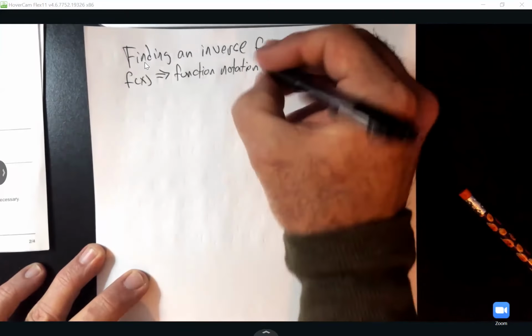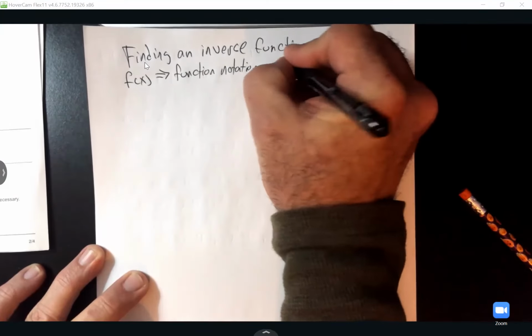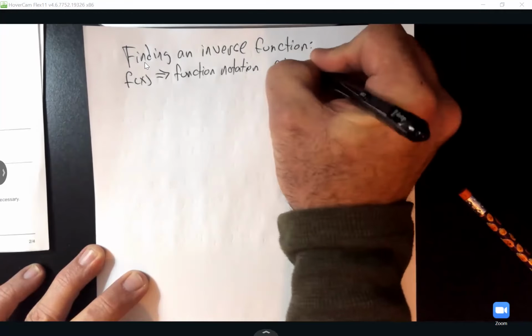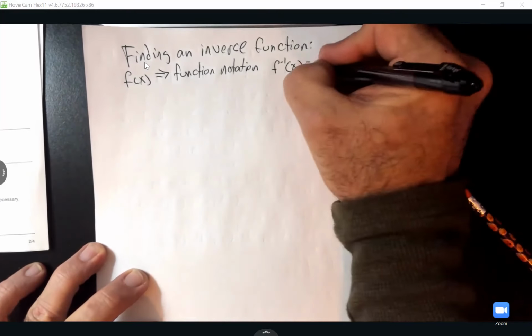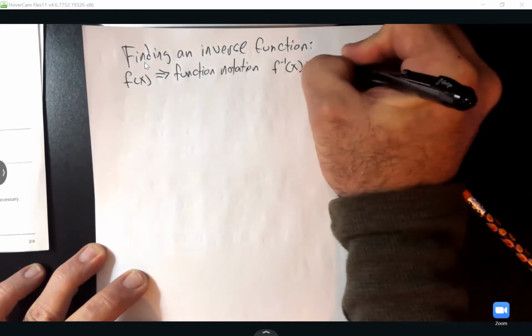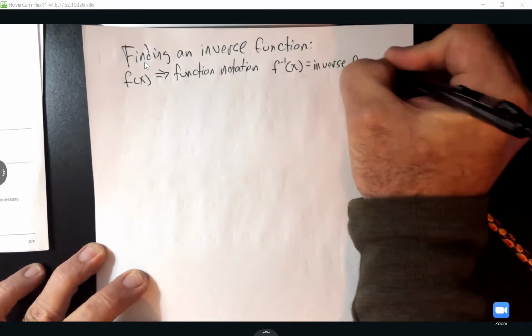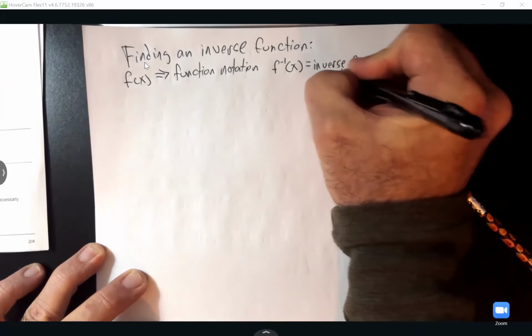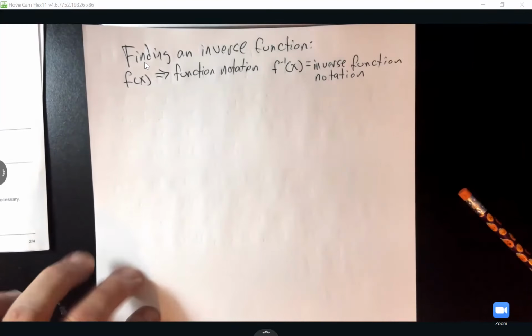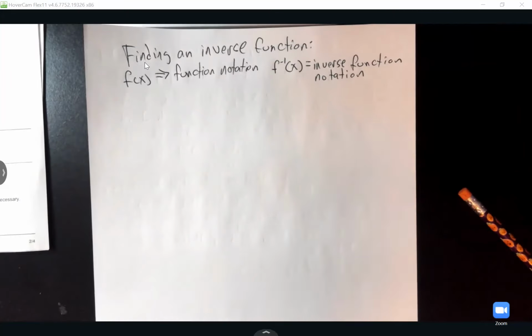We're now going to introduce you to f⁻¹ of x, which is inverse function notation. Now, we don't treat that like an exponent or anything. It's just symbolism, so that when I'm done, I know that this is the inverse function of what I started with, okay?